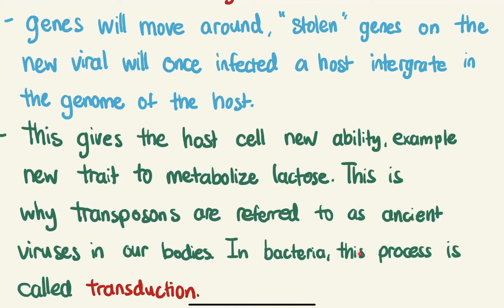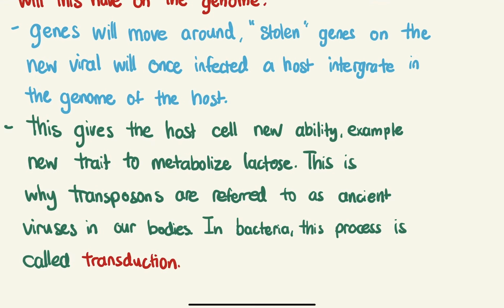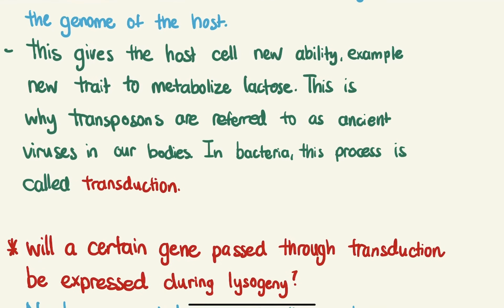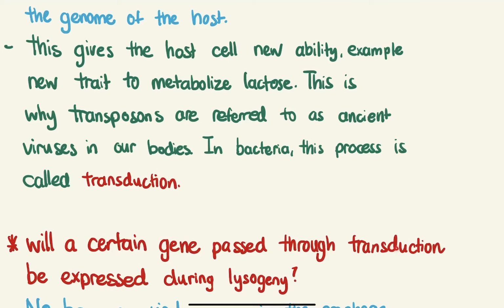In bacteria, this process is called transduction, and we're going to talk about transduction soon. Will a certain gene passed through transduction be expressed during lysogeny? Remember, whatever genetic information enters the host cell during the lysogenic cycle, the lysogenic cycle incorporates the viral genome inside the host cell.